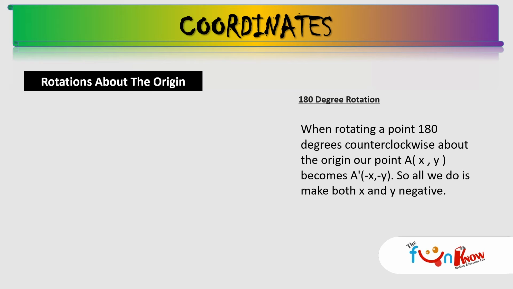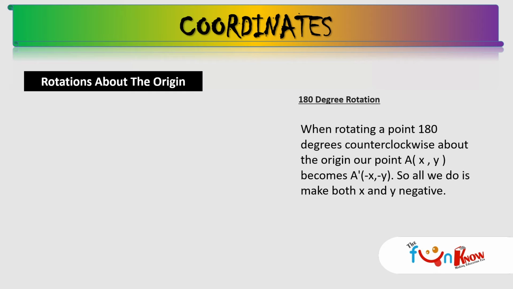When we rotate a point 180 degrees counterclockwise, the original point is (x, y), but after rotating 180 degrees, remember both x and y become negative. The positions of x and y remain the same, they are not switching at all, but x and y become negative.